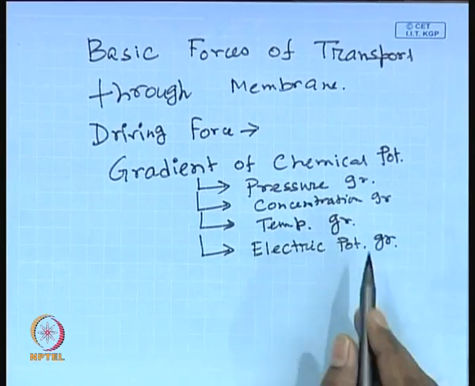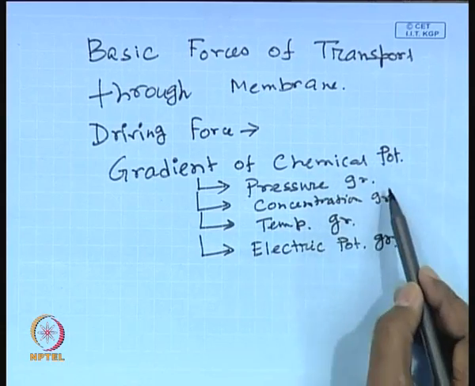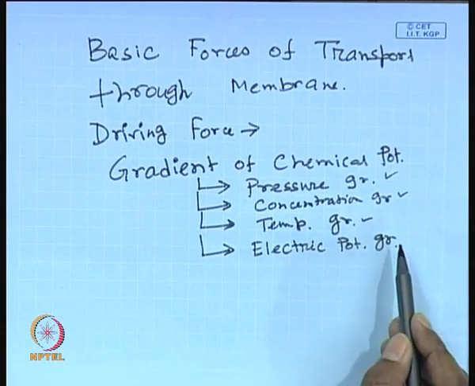Typically, chemical potential will have three components: pressure, concentration and temperature for a neutral solute.